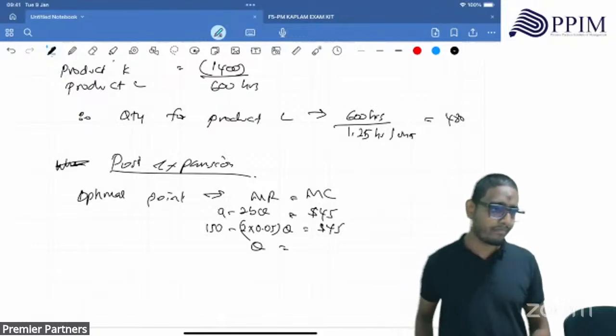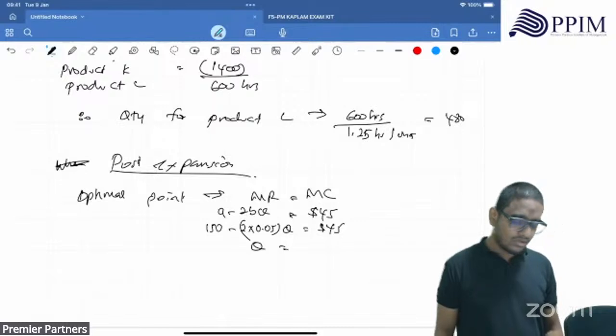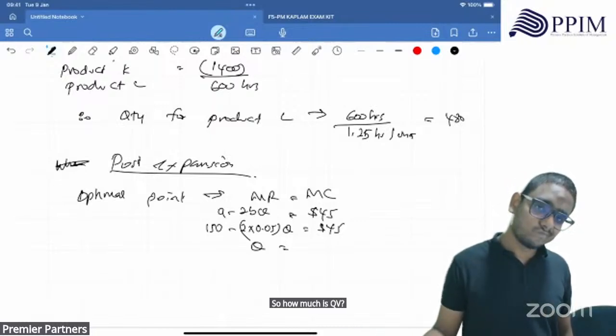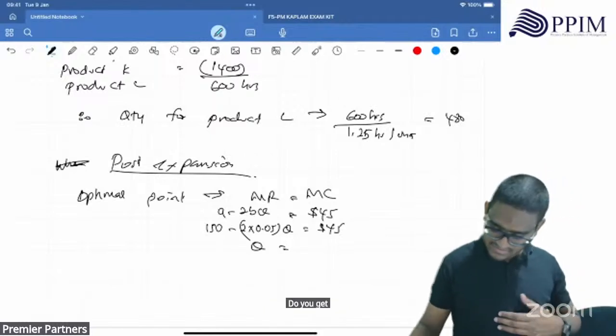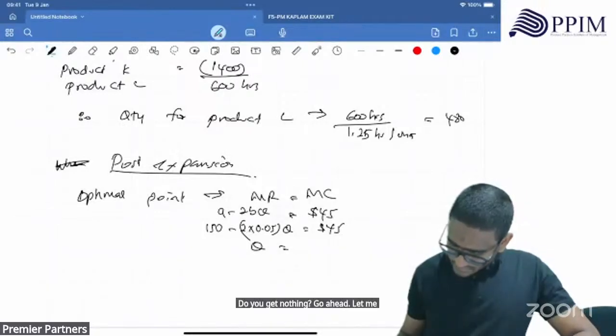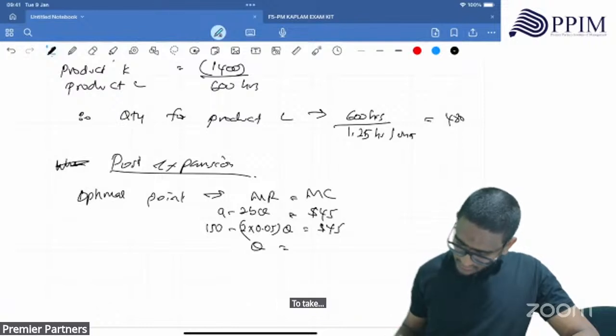Okay. So how much is Q here? You didn't get an answer? Okay, let me work it out. So you take 150 minus 45 divided by 2 times 0.05.